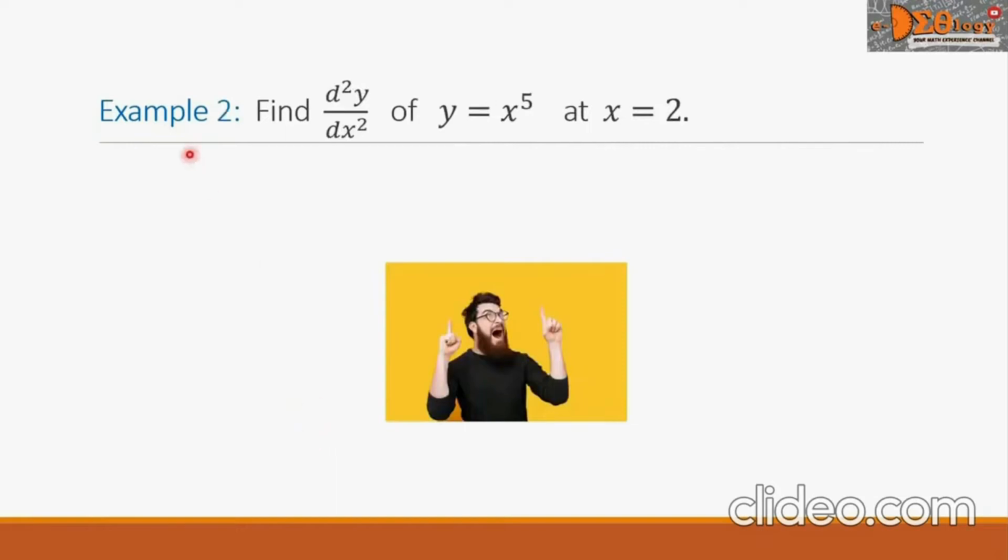Let us see example 2. Find d square y over dx squared. So this is about the second derivative of the function y equals x raised to 5 at the point x equals 2.